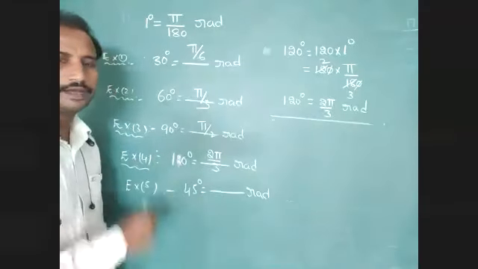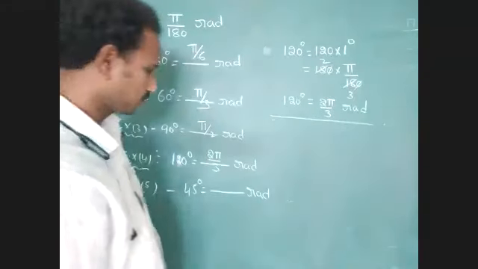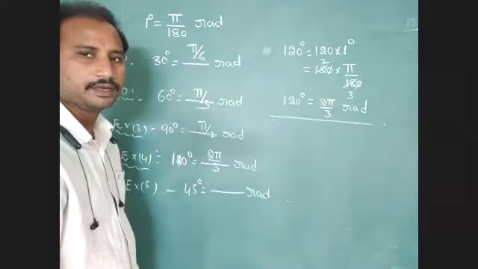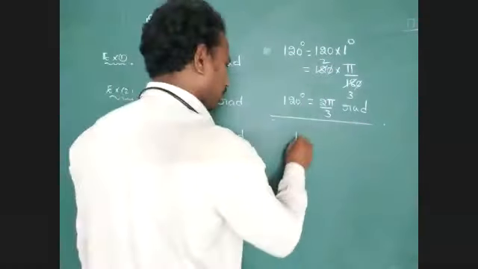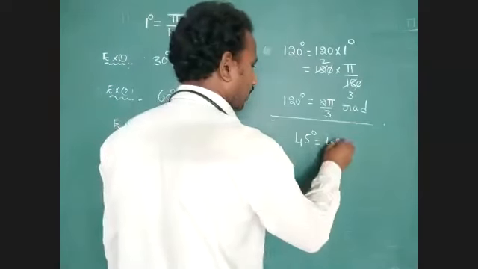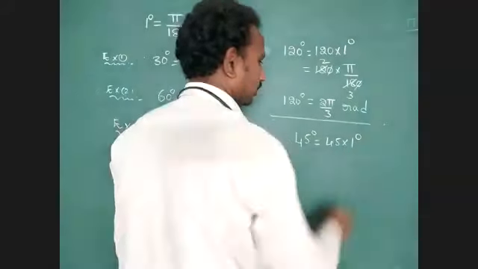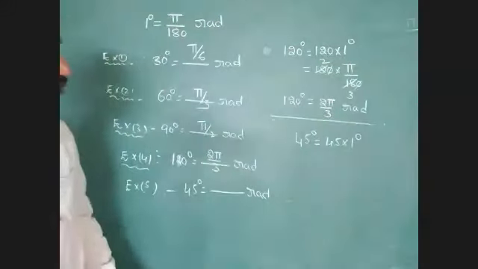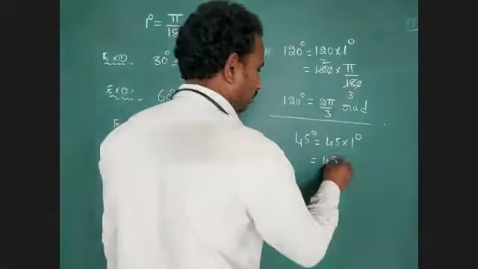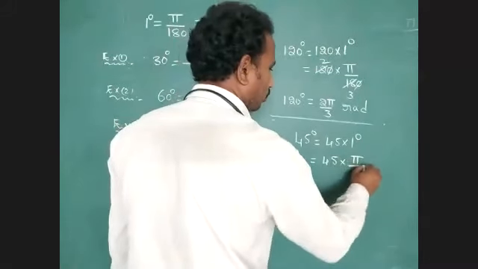Next, 45 degrees equal to how much? Here 45 degrees equal to dash radian. 45 degrees equal to 45 into 1 degree. Find out 45 into pi by 180.